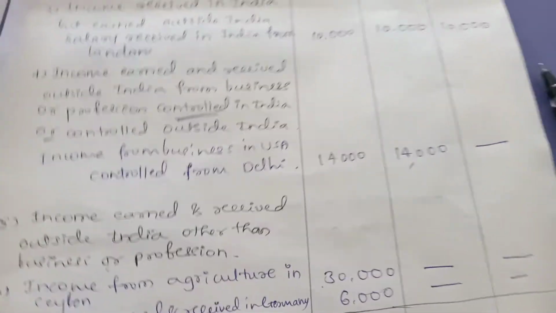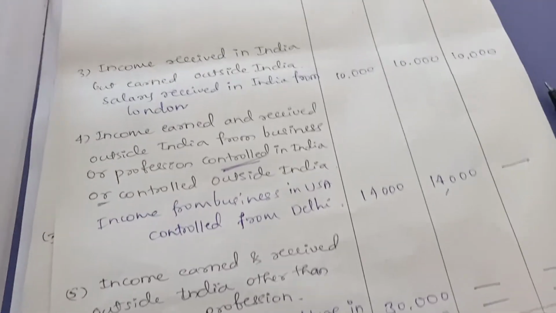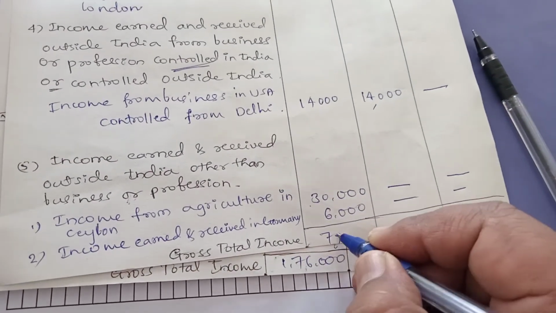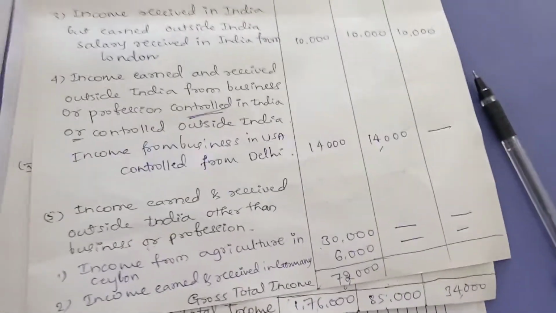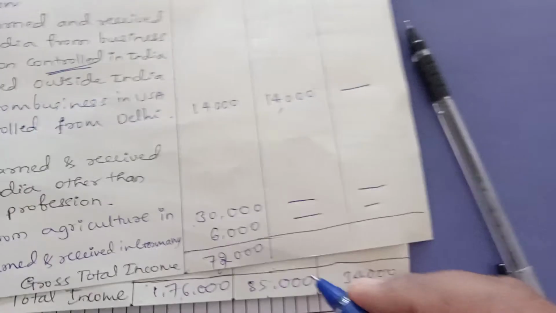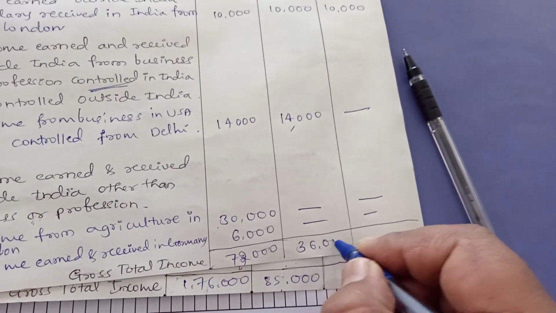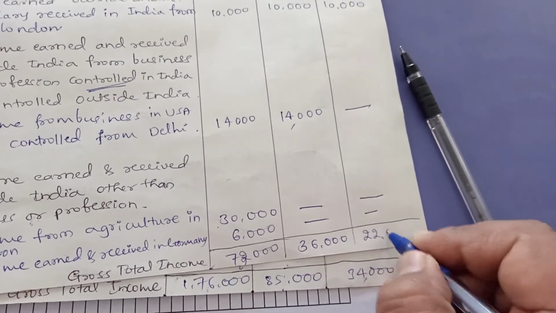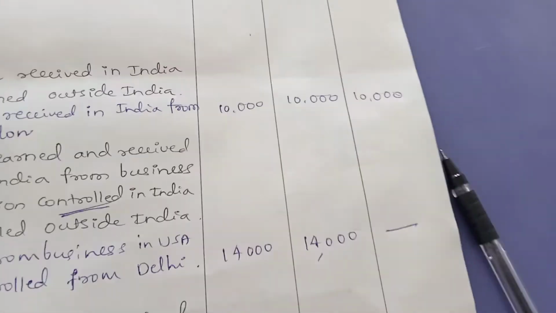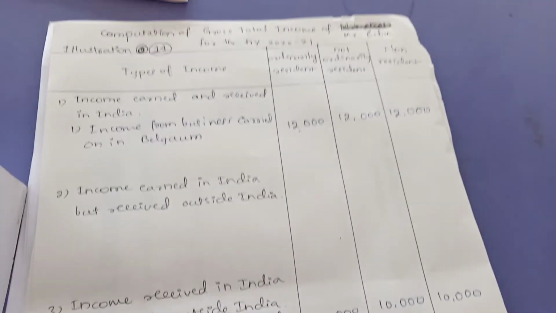When you do the calculation, the first total will be 72,000, the next 36,000, and the last column will be 22,000. So this is how we solve it in respect of resident, not ordinary resident, as well as non-resident.